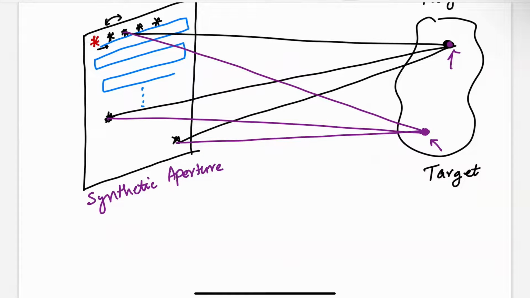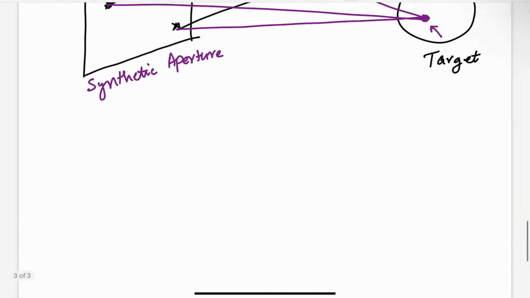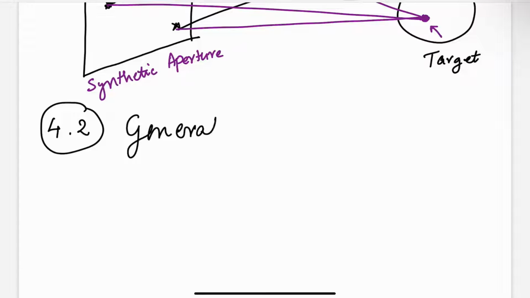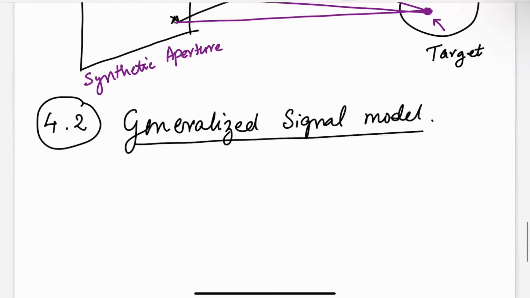So now that we've developed that intuition, hopefully, we can move on to the generalized signal model. In the previous 3 videos, we talked about the signal model for FMCW, for step frequency, and for pulse radars.